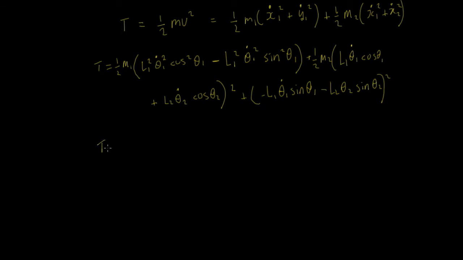So we can then say that T is going to equal a half m1 times L1 squared theta 1 dot squared cos squared theta 1, the first part here, minus L1 squared theta 1 dot squared sine squared theta 1. Okay, so that's just the first part here.